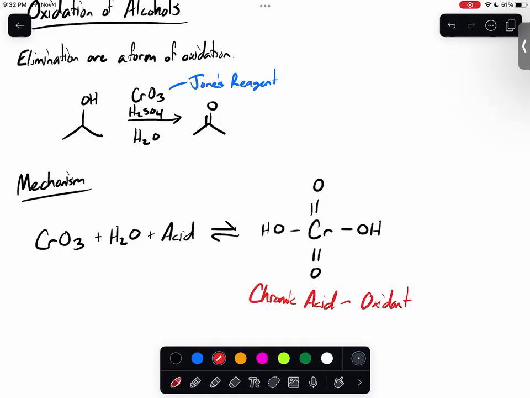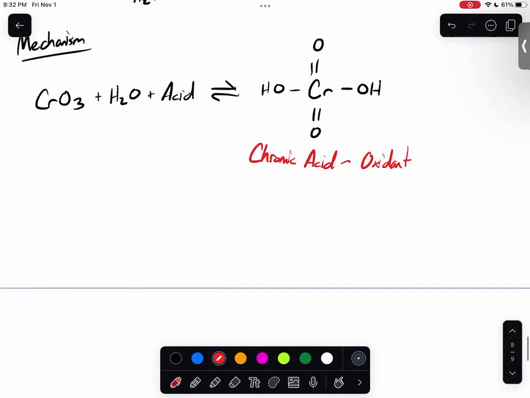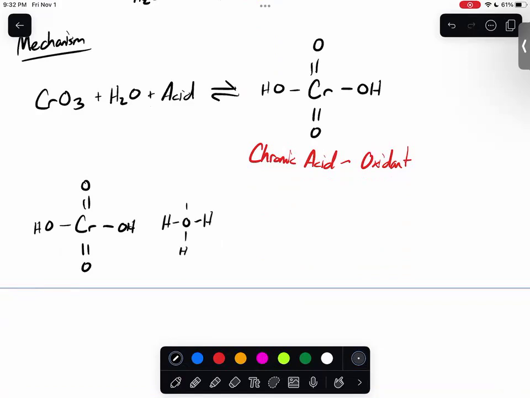So what does this chromic acid actually do for us? Well, essentially, the chromic acid is somewhat similar to a carbonyl, but what's going to happen with it is the acidic water that it's in is going to be strong enough to actually protonate the chromic acid and make it positively charged.